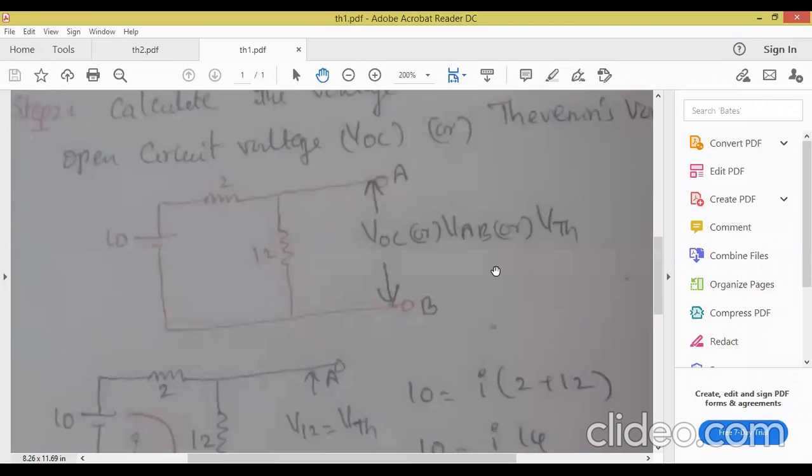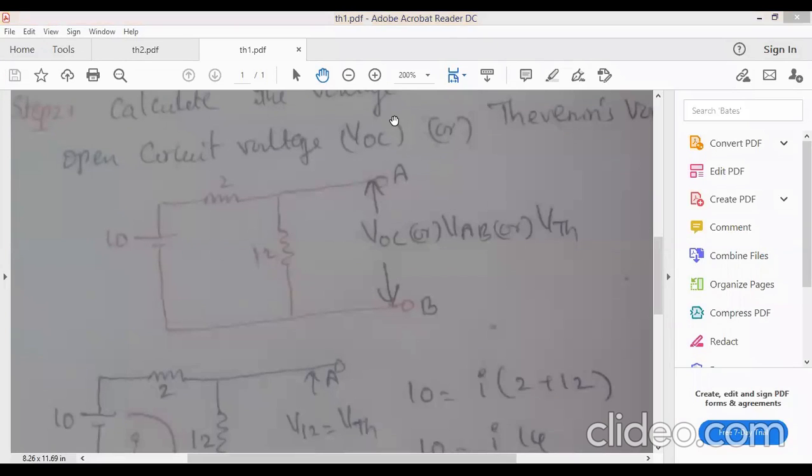So once again, I am repeating the statement. Thevenin's theorem: any linear bilateral network consisting of number of voltage sources or number of current sources or combination of both, can be replaced by a single voltage source, where the value of voltage source is what? Where the value of voltage source is, now you remember the formula, open circuit voltage present between the terminals A and B. Now you see the theorem statement.